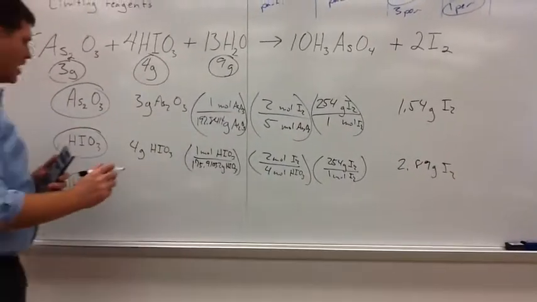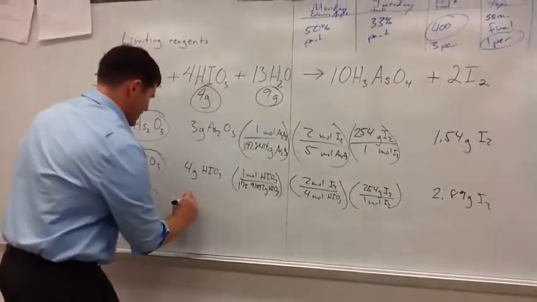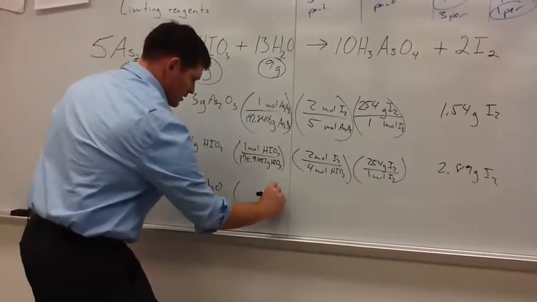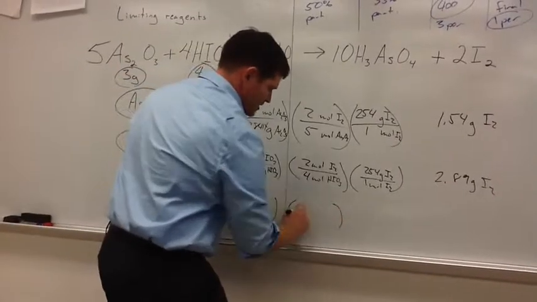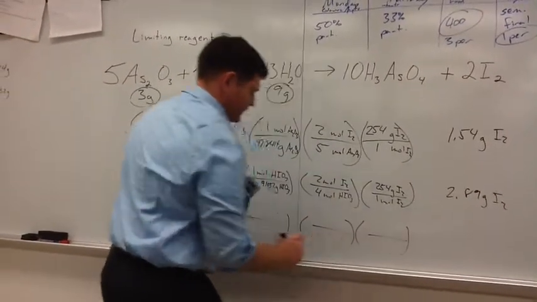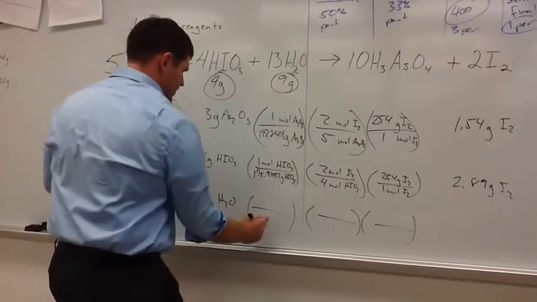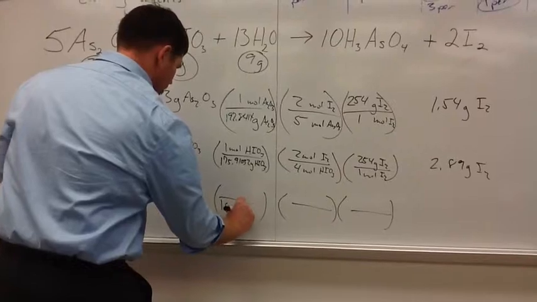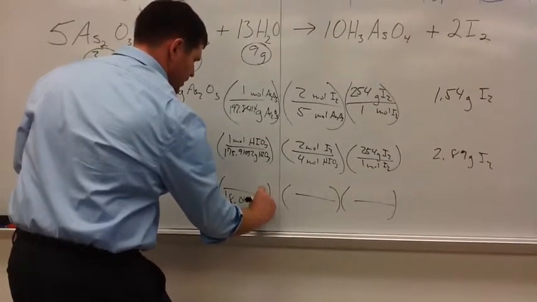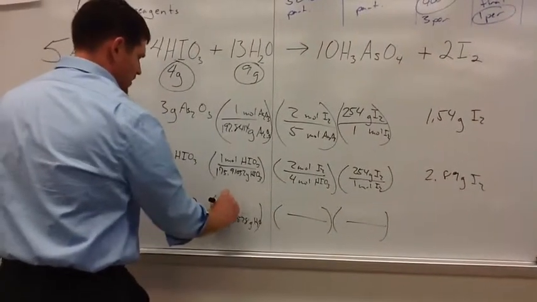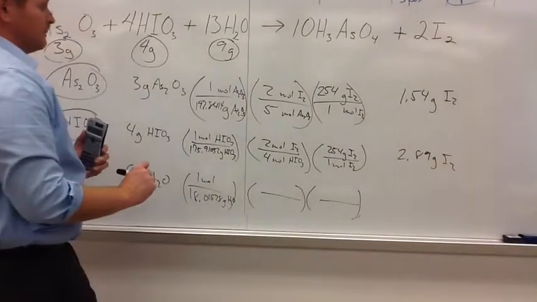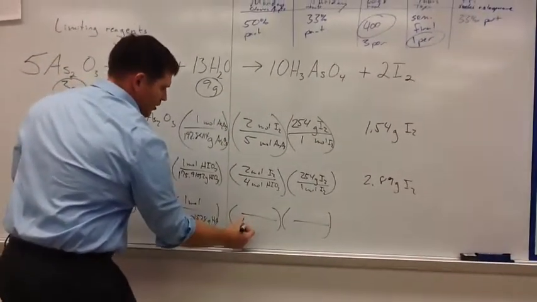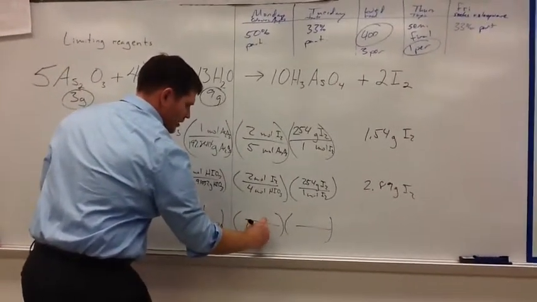Alright, and the bottom one, our water, which we start off with 9 grams. Three parentheses once more. Our mass for water is 18.01528 grams, and that's still water, and that's 1 mole. Now we go to our mole ratio step, this middle step. There are 13 moles of H2O.